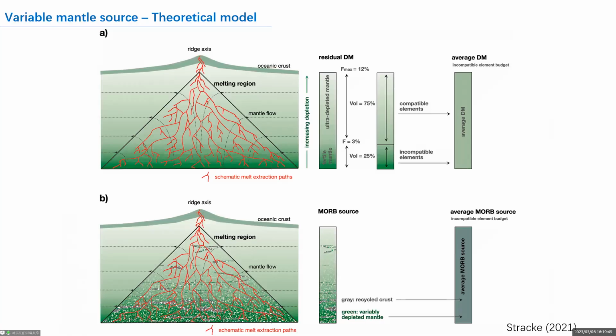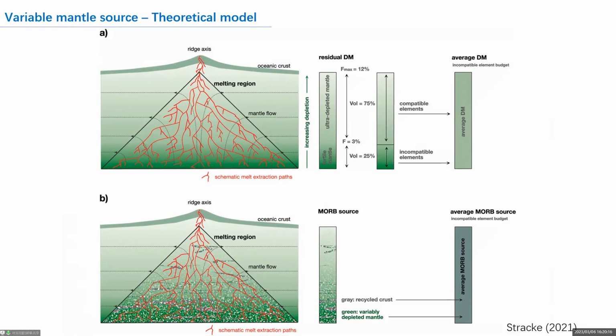In 2021, Stracke proposed a theoretical model. In this figure, the upper part shows the simplest model, in which the mantle source is made up of ultra-depleted mantle and fertile mantle. By adjusting the proportion of the two components, the isotope composition of the basalt will change a lot.